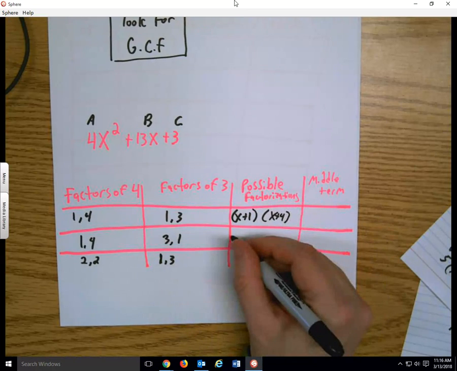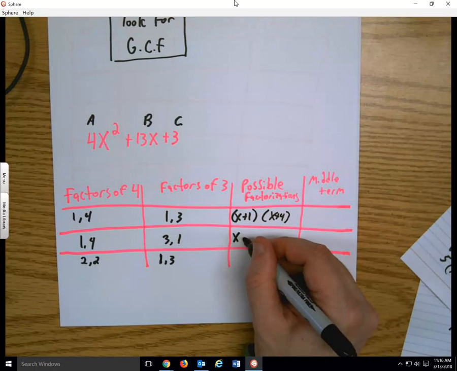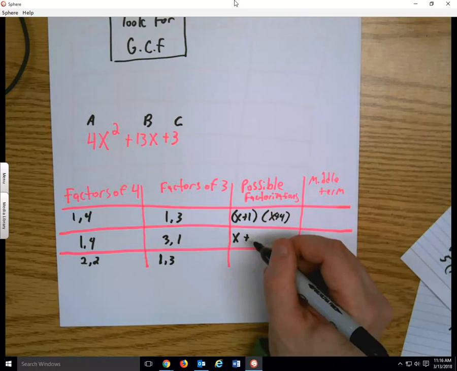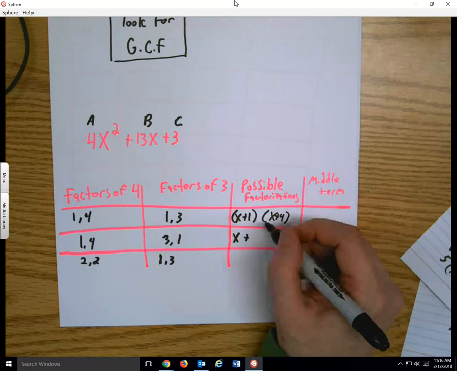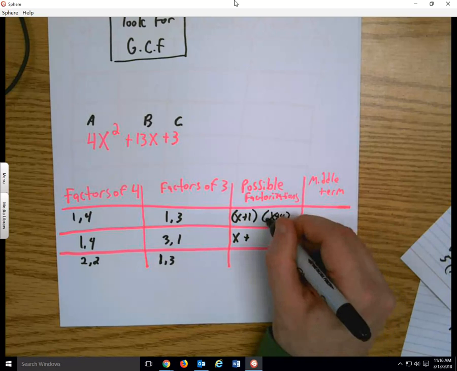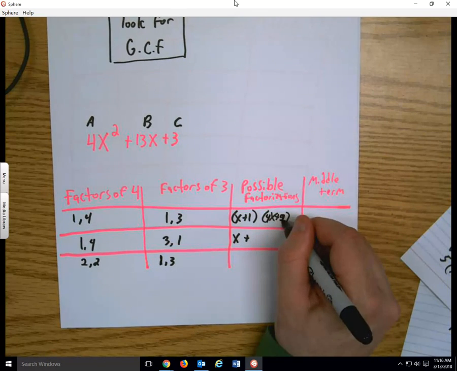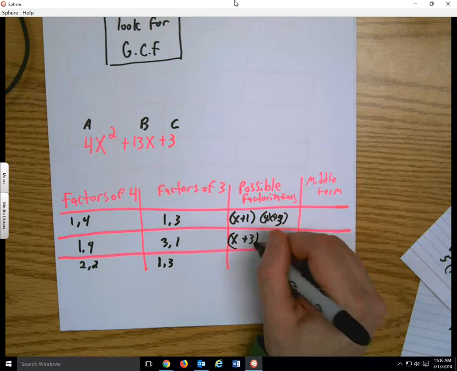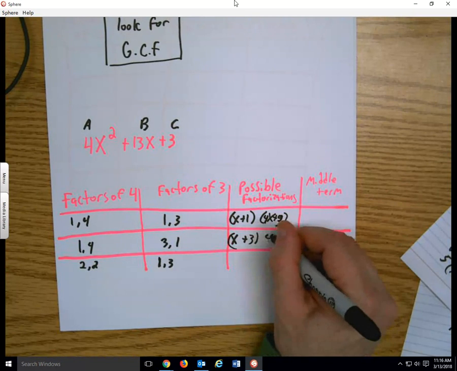In this case, if we were to multiply an x plus, I'm sorry, I did that wrong. x plus 1 and a 4x plus 3 would be 4x plus 3. This would be an x plus 3 and a 4x plus 1.